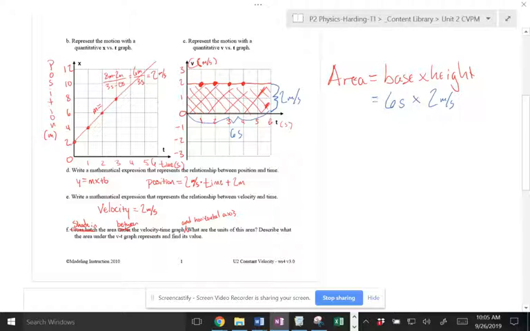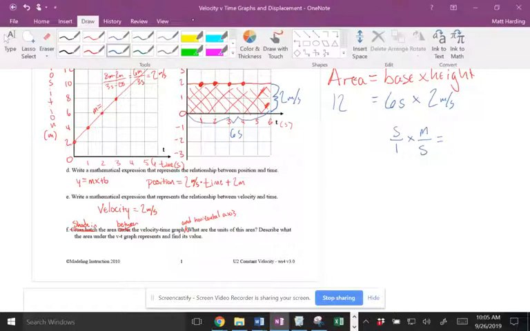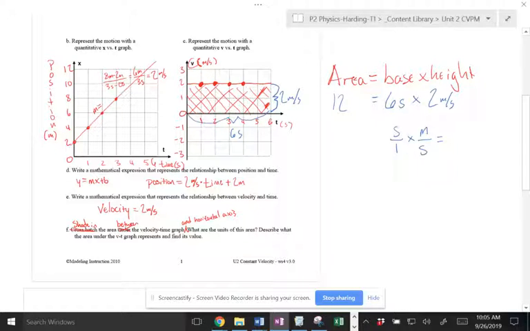All right, so what is the area of this rectangle? 12 meters per second? 12 meters per second squared. What is it? Run it by your neighbor really quick. Do the same thing to the units that you did to the numbers. All right, run that by your neighbor.